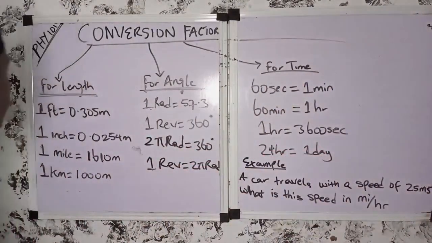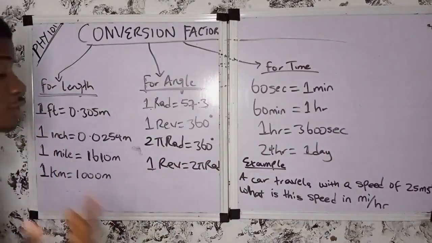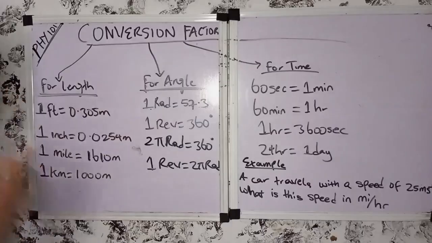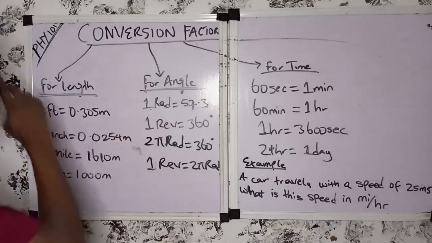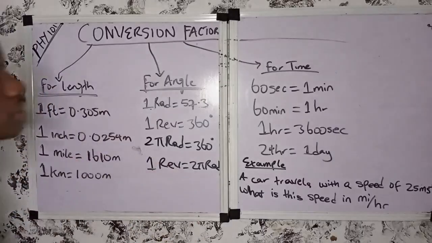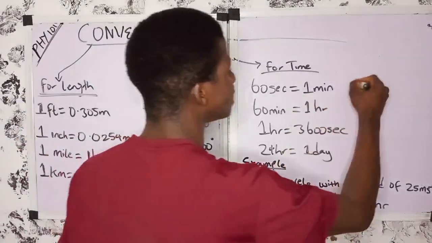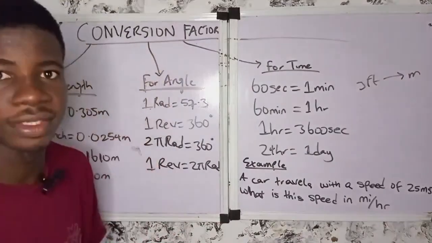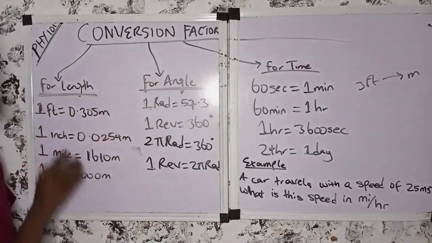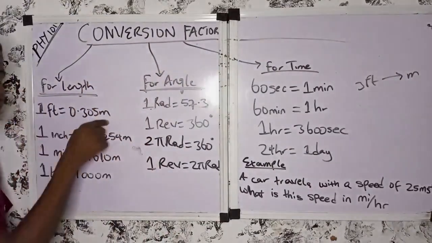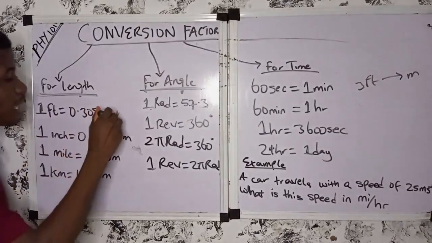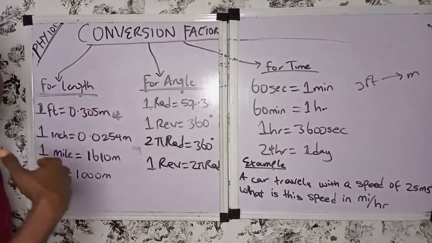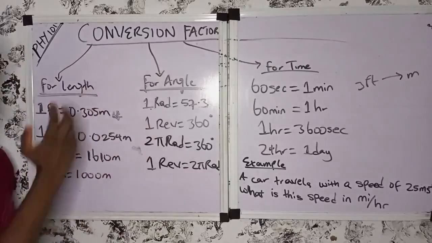For example, they give a particular question. They will not give you directly, but you just have the knowledge, because it's very important. Now, for example, they say convert 3 foot to meter. How are you going to solve it? Please take note. This very first part, feet and meter, is usually used when they tell you to convert either from meter to foot, or from foot to meter.